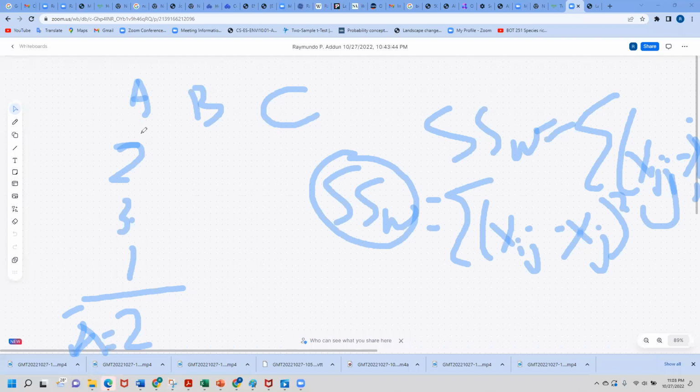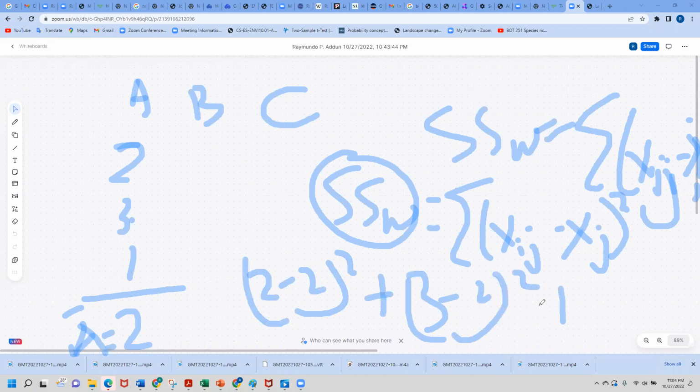So for the first group, the operational definition would be 2 minus 2 squared plus 3 minus 2 squared plus 1 minus 2 squared.